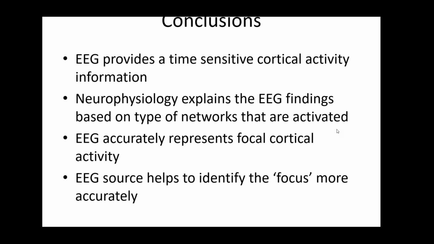Great, thank you. Another question: what networks determine if a seizure will remain focal or become generalized? Yes, so it all has to do with the network's states. Not every network is the same. Everybody has a different level of threshold.